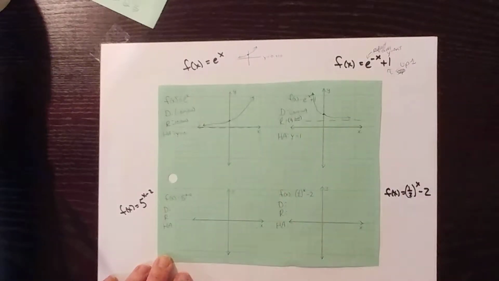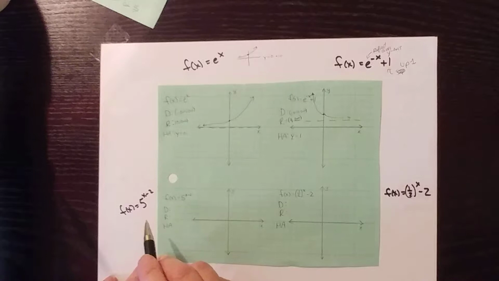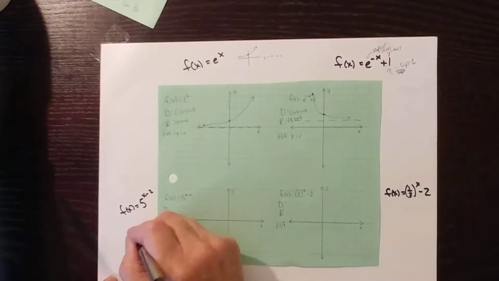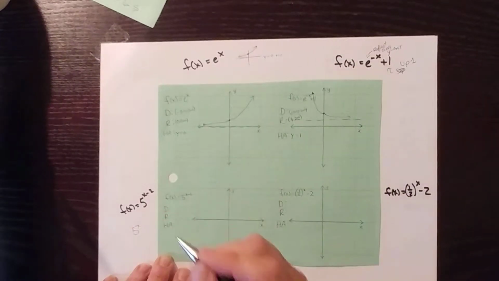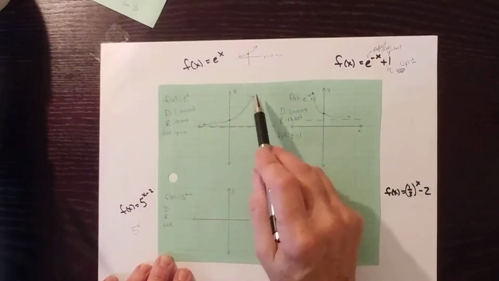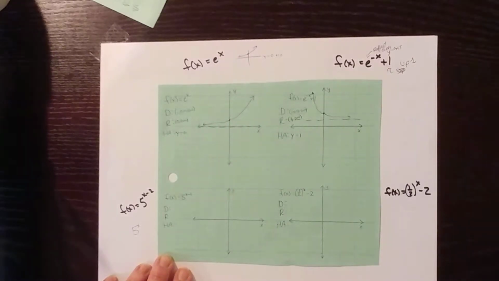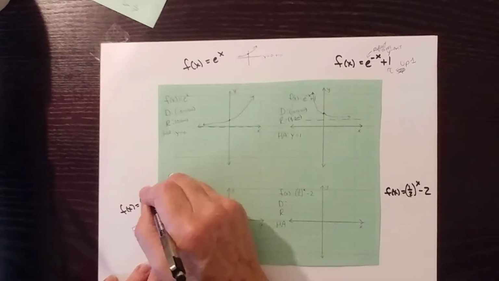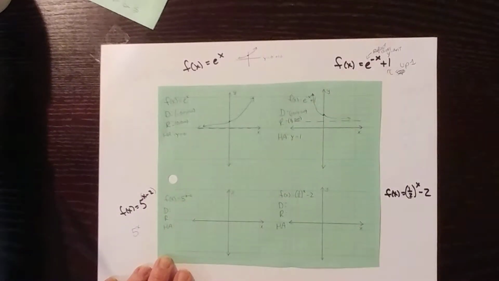Okay, down here, f of x is equal to 5 raised to the x minus 2. The base 5 is bigger than 1. So the basic graph, 5 to the x without any transformation, will look like e to the x because the base is bigger than 1. So we have to say what's happening here. And what's happening here is it's got this minus 2, but the minus 2 is up here in the power. It's messing with the x, and that indicates a horizontal shift, which is opposite than what it appears to be.